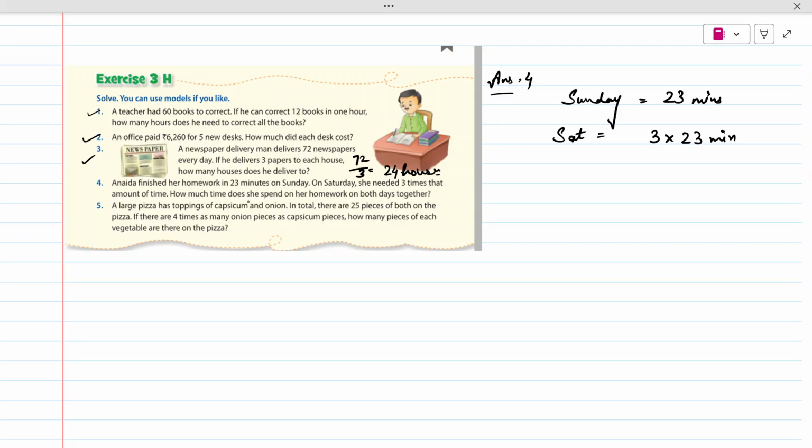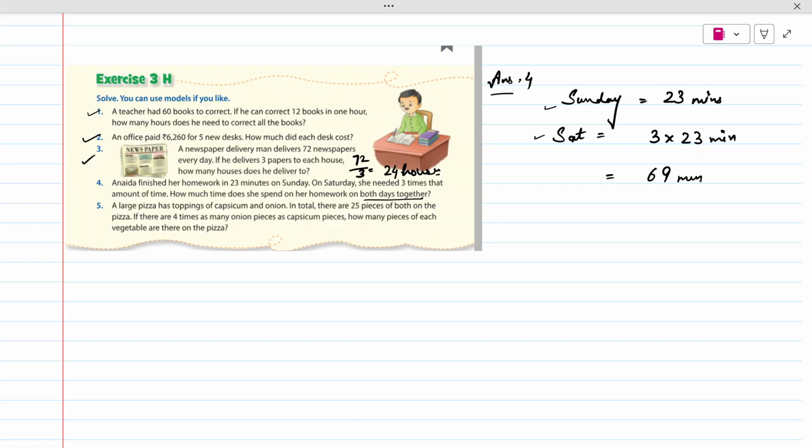How much time does she spend on her homework on both the days together? So we have to find the sum of the time she is spending on Saturday and Sunday together. On Sunday we have 23, and on Saturday we can calculate 3 into 23, which will give us 69 minutes.